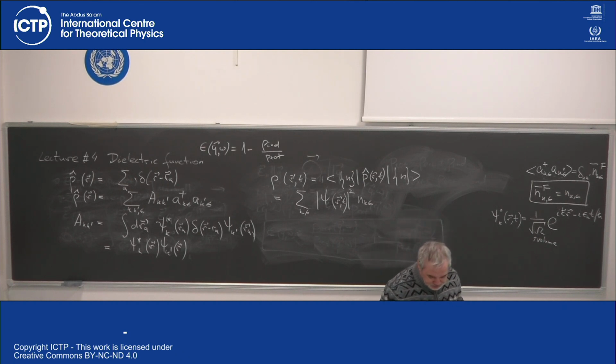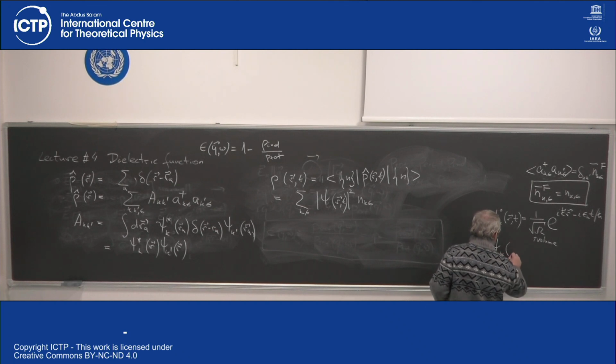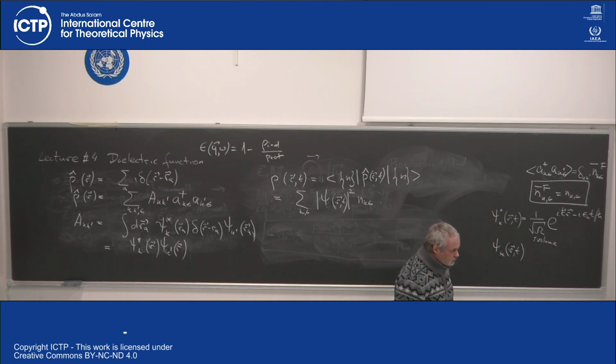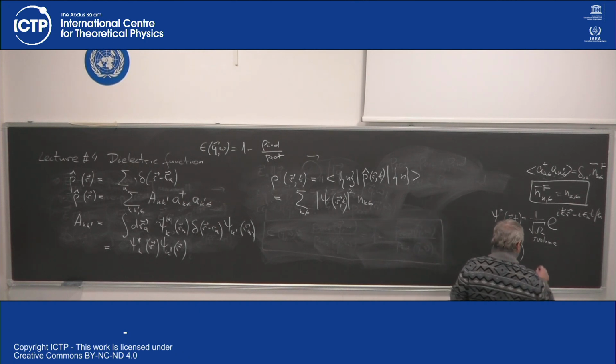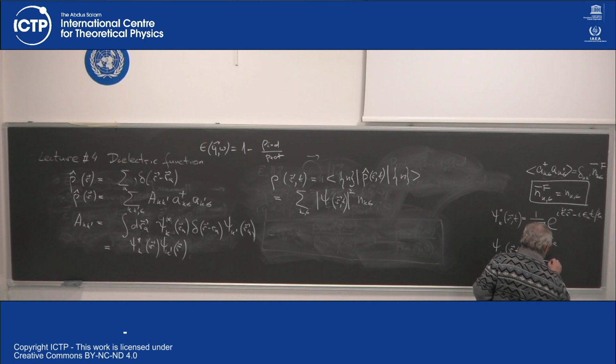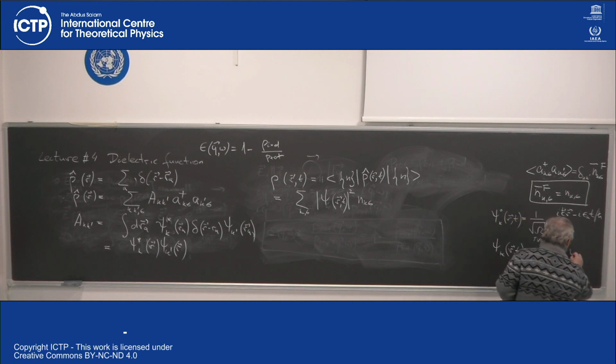And we know that plane waves form a complete basis of wave functions. Therefore, I can write my wave function ψ_k(r,t), which I need to find, expanded on the full orthogonal basis with the sum of coefficients. So this is the sum over k prime, c_k prime, ψ⁰_k prime(r,t).